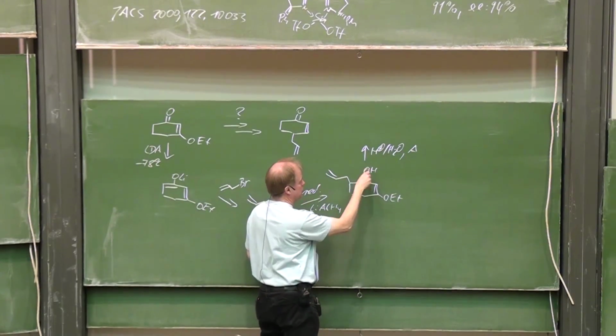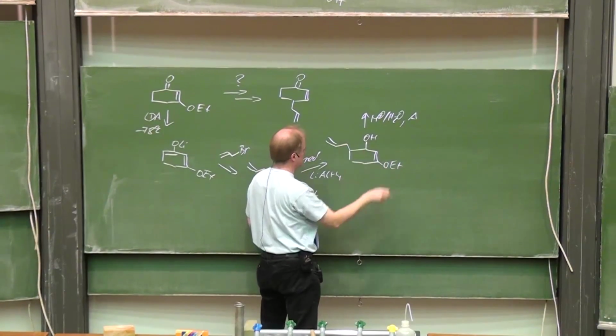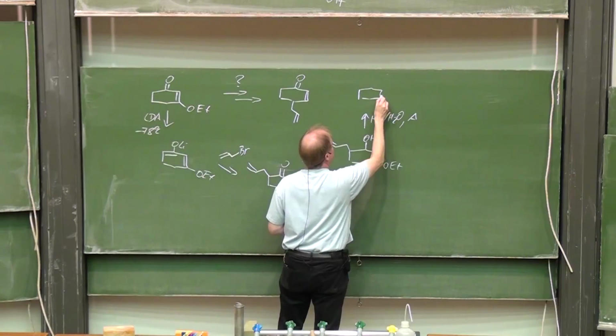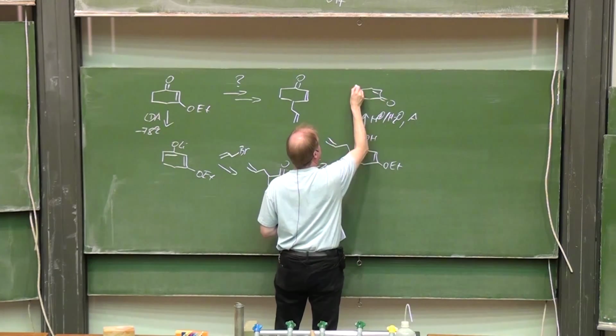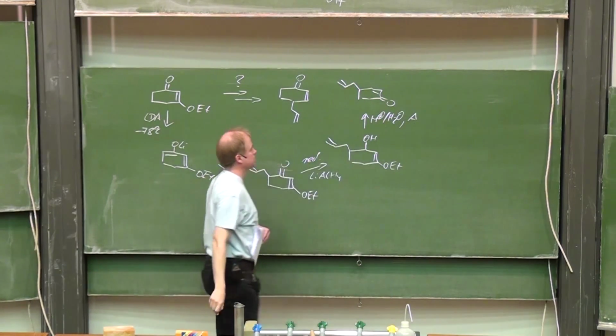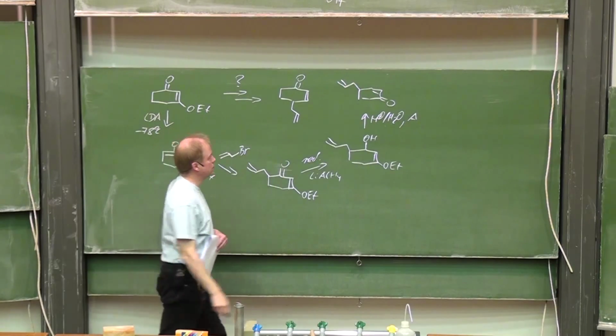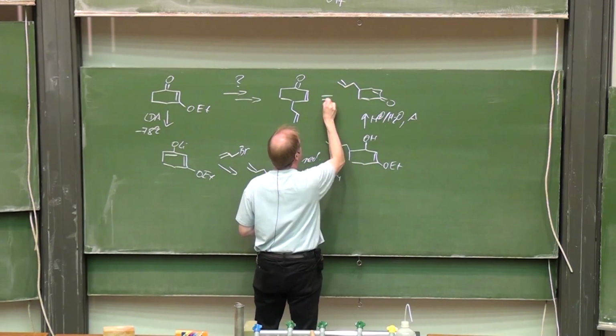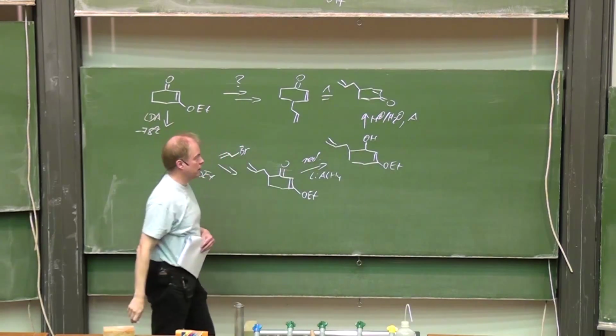So protonating here makes a leaving group and so on. This will lead to this structure, and if you compare it, well, it's the same as this.